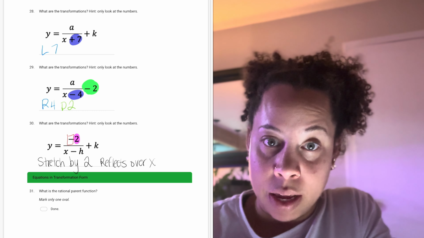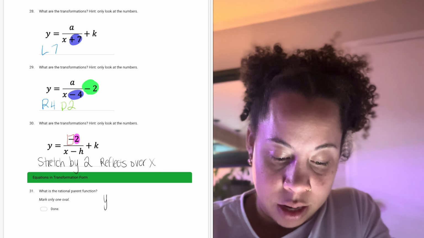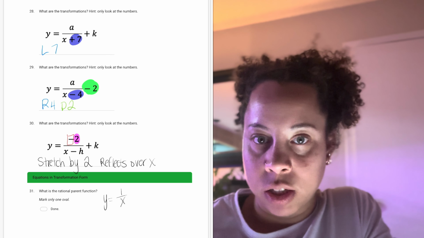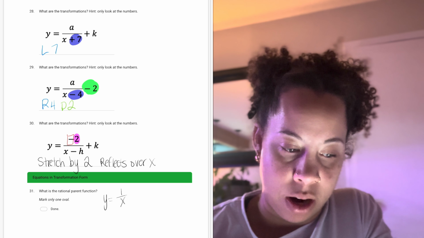Okay, and then the parent function for the rational is y equals 1 over x, or f of x equals 1 over x. So if you're trying to see how it moved left, right, up, or down, you want to always start at 1 over x.